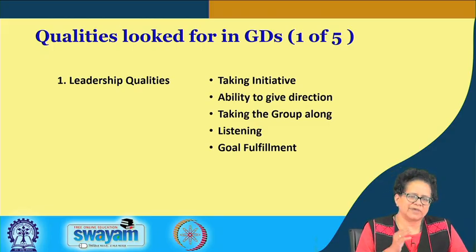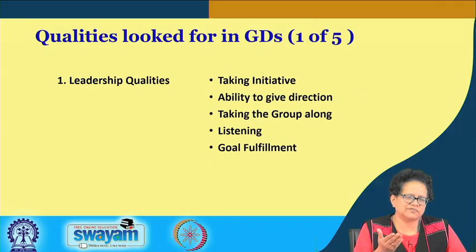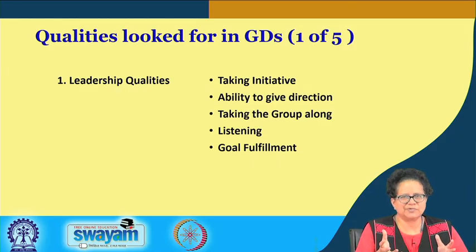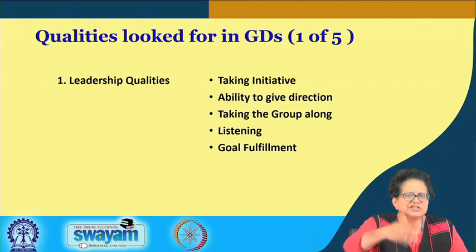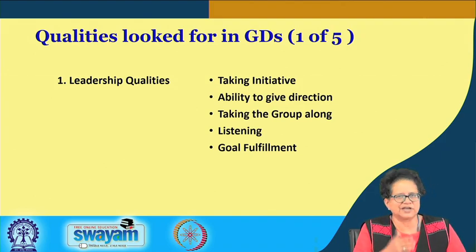Number 3, many times if you observe in some of the videos, I will also show some videos today, there are some discussants who might become emotionally attached to the topic or their viewpoint, and sometimes there may be others who are by nature aggressive or more assertive than the others, if we have to put it that way.